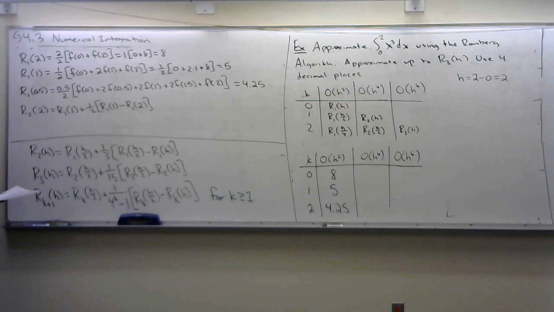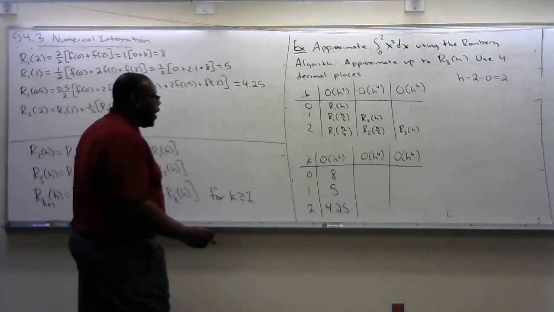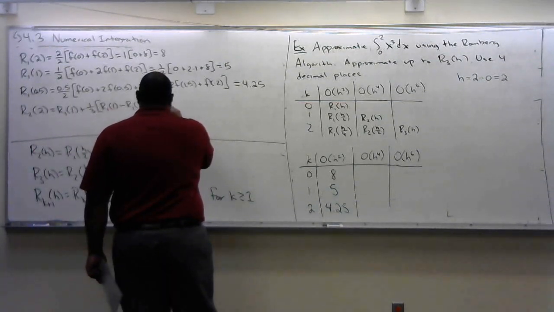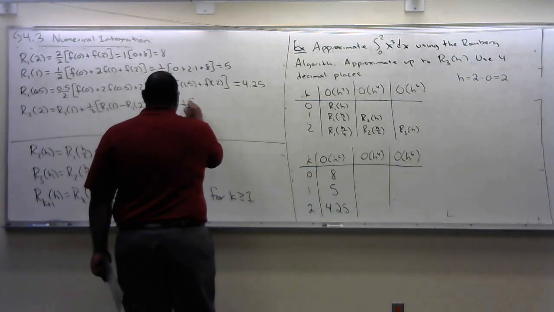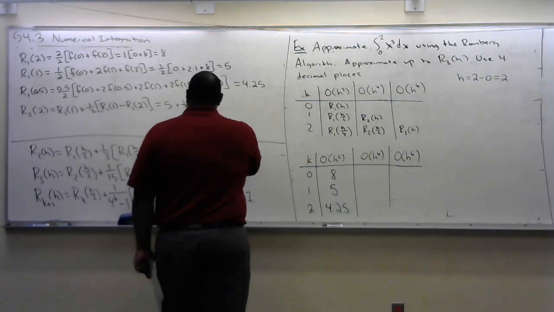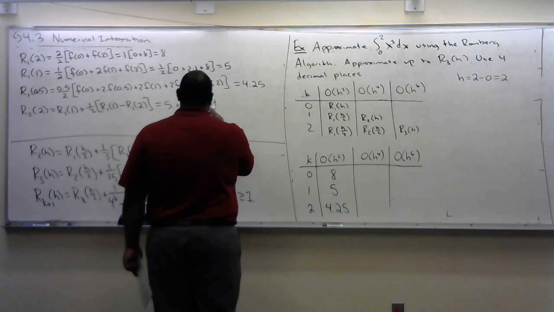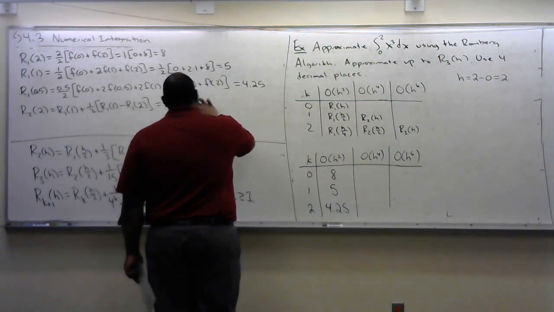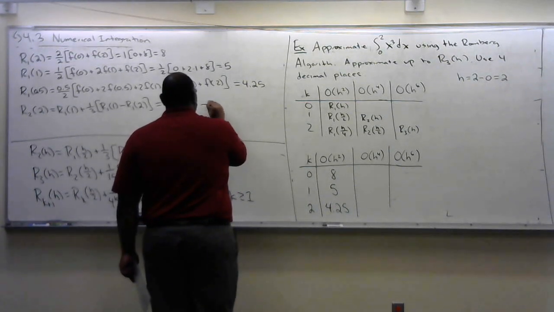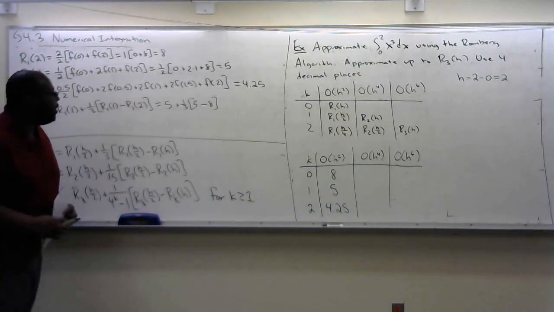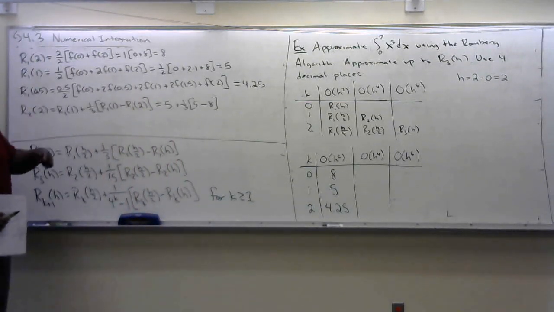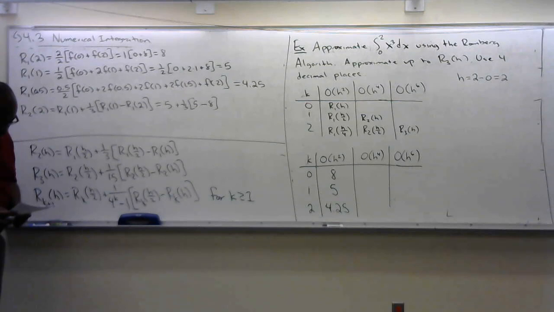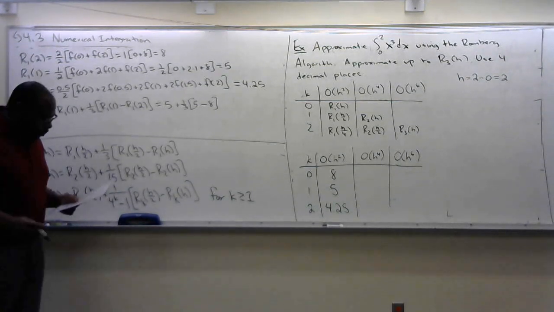Let's plug in R sub 1 of 1, so that's 5, sorry, and R sub 1 of 2 is 8. So it's going to be 5 plus 1/3 times the quantity 5 minus 8. And that gives me 4.